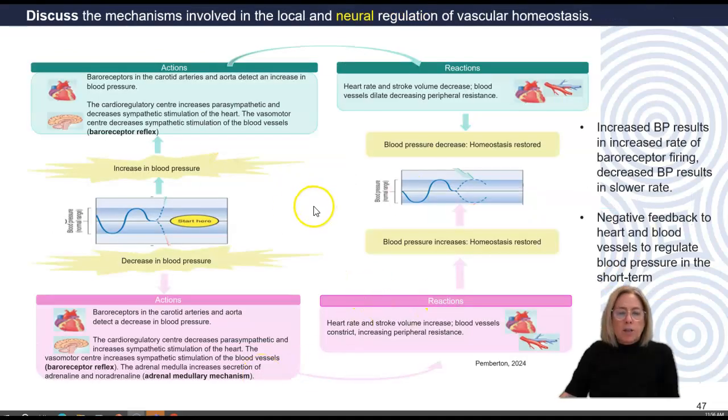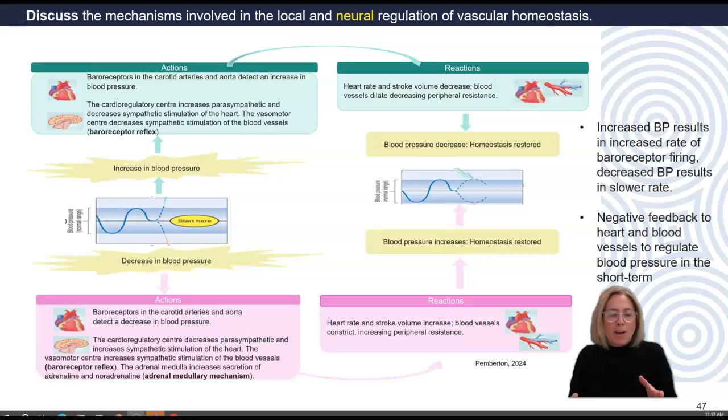I've expanded on this figure that I gave you in the cardiac topic, and we're going to put it all together here. So here we have our increase in blood pressure, so homeostasis is disturbed. That increase in blood pressure will cause those baroreceptors to stretch and become tighter, and they detect that increase in blood pressure. Remember, the cardioregulatory center increases the parasympathetic and decreases sympathetic stimulation of the heart.